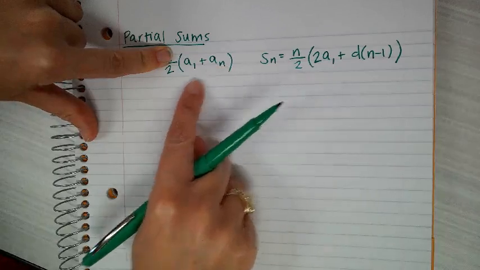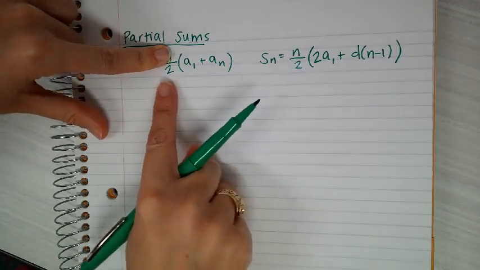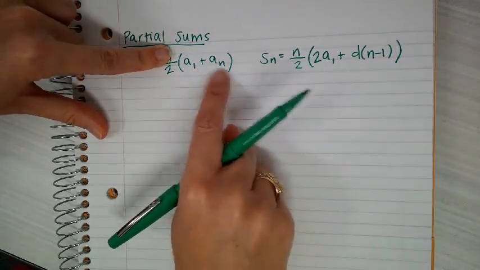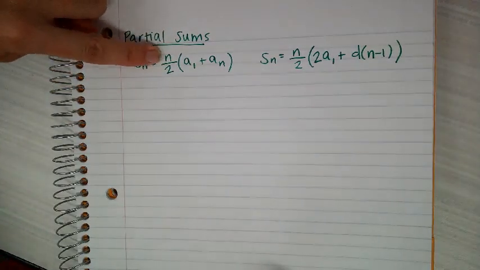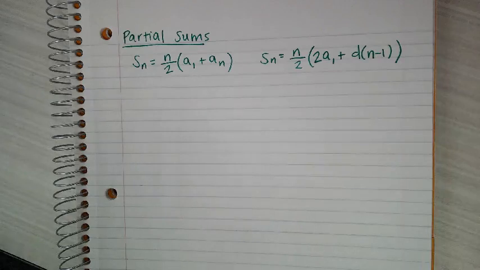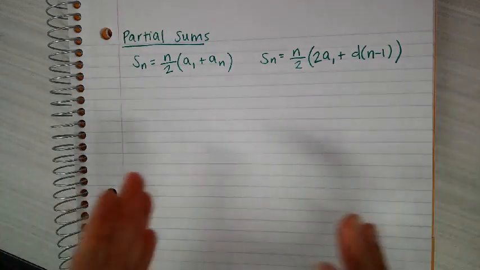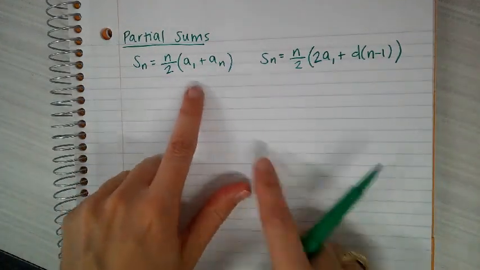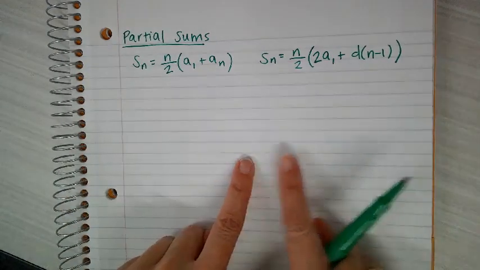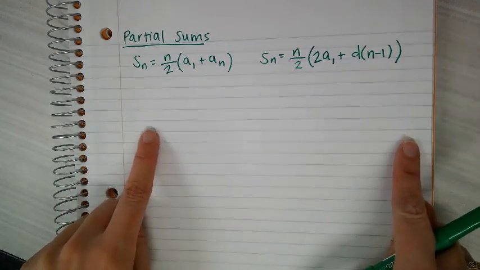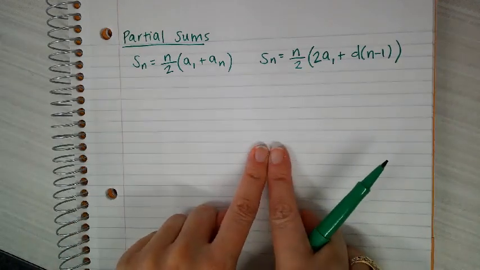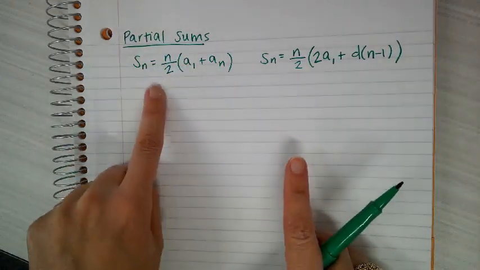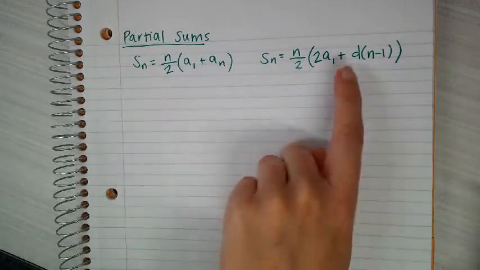If you add two numbers and divide by 2, you're finding the average of the terms of this sequence, and then you're multiplying that average n times. So basically it's saying, instead of just adding them all up, if we can find the middle, so think about two terms that are very far apart, if we found their middle and multiplied that out, that's going to help us get to the sum faster.